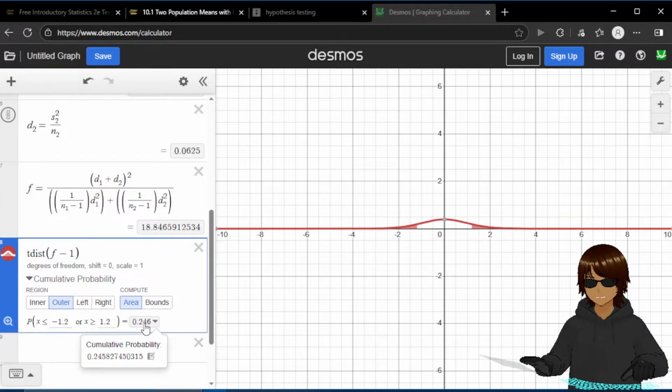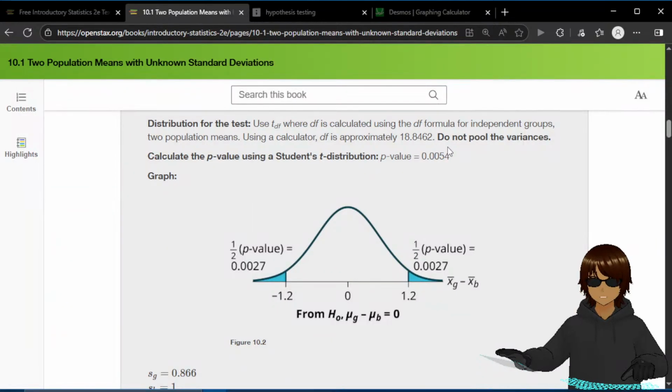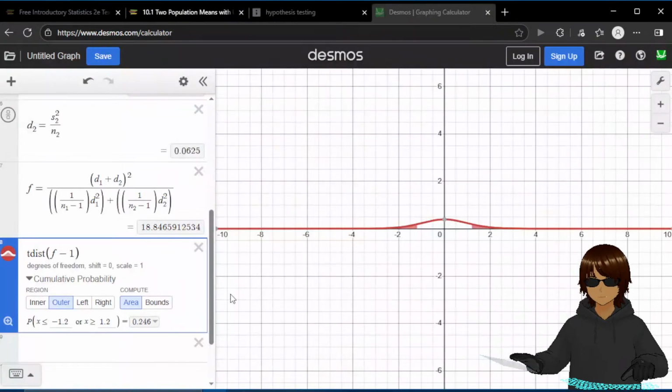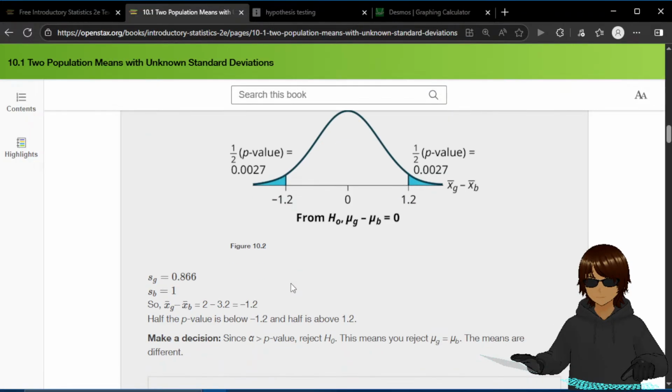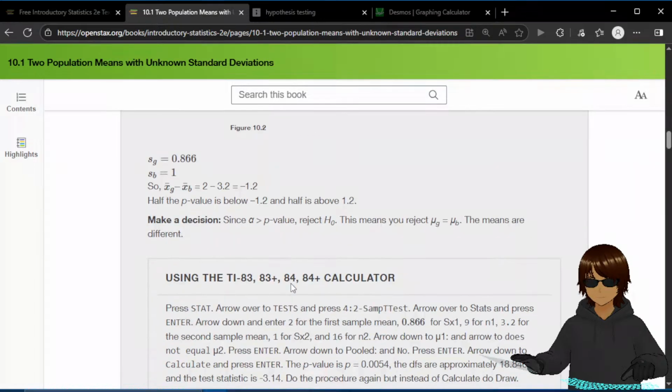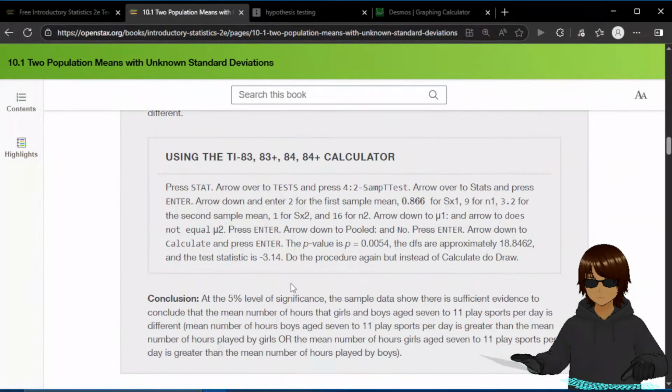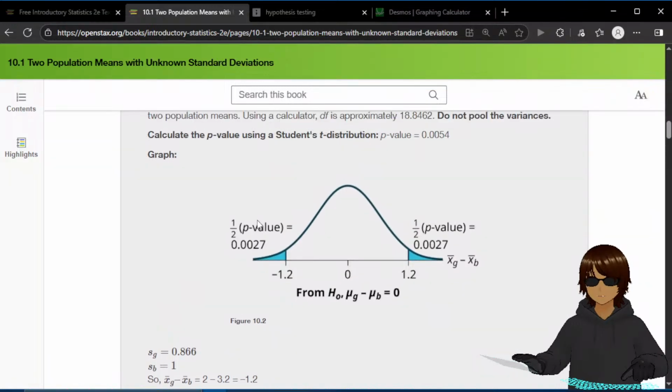I get 2.46. They're getting 0.0054. I don't understand how they calculated this.